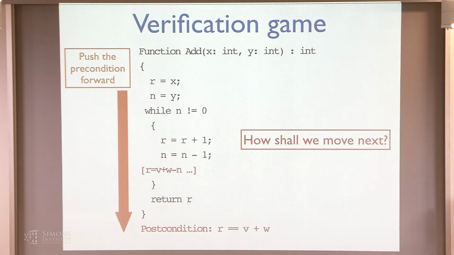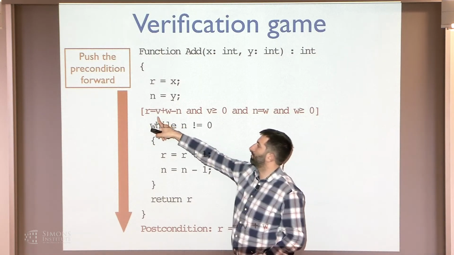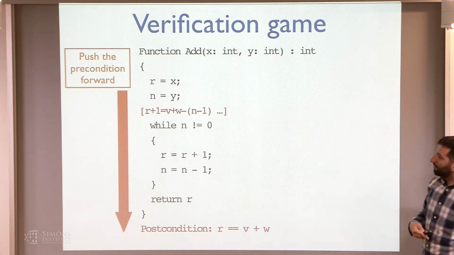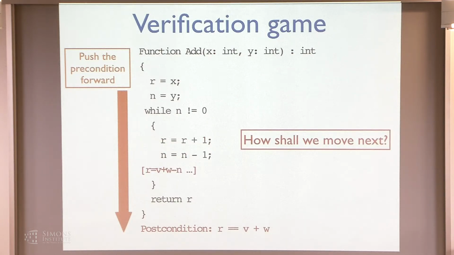I don't know if I emphasized this enough, so let's go back here. I had this constraint, R equal to V plus W minus N. So what I show with this step is that this can be recreated after going through the while.